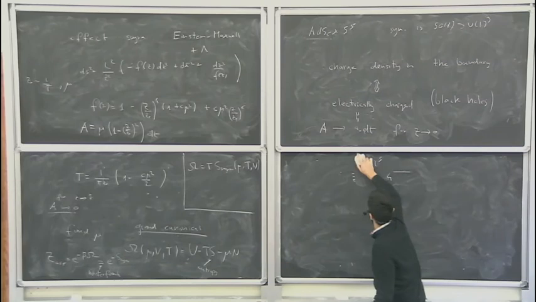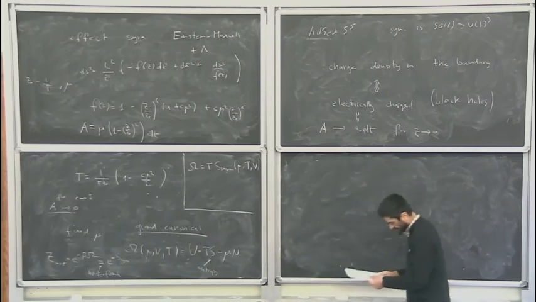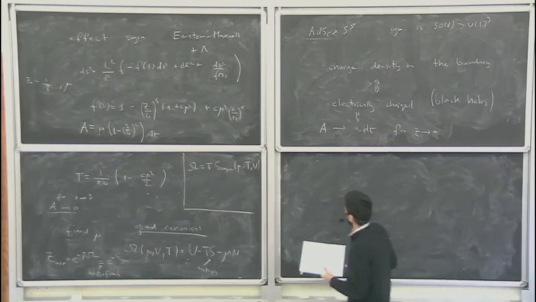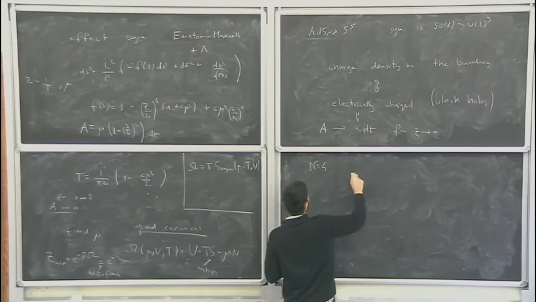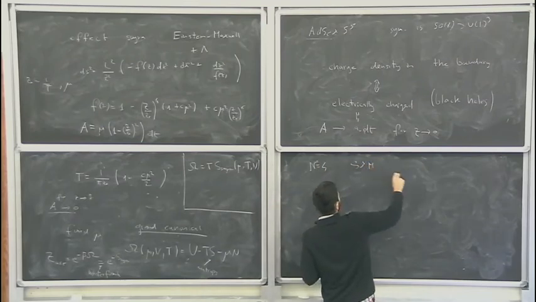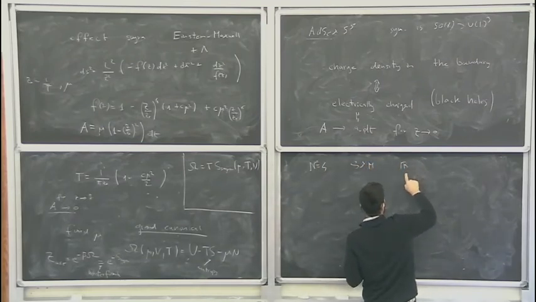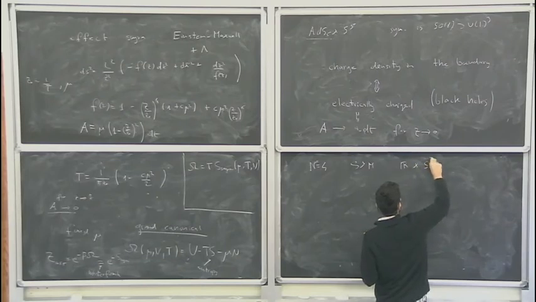And here, because we are in global coordinates, as already explained a few times, it means that our boundary theory is defined on R, which is the time direction, times S3.